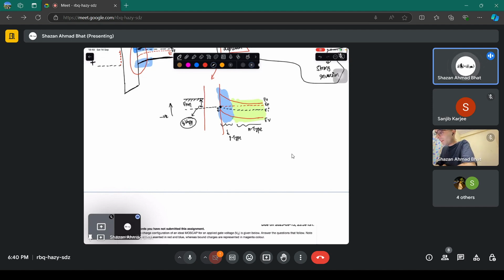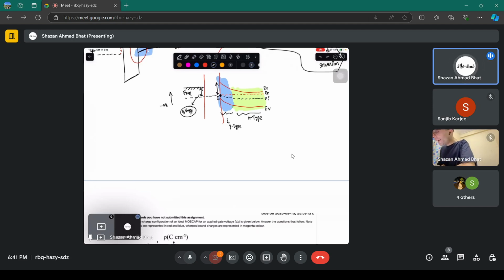Okay, if you see this particular difference and if you see this difference, this one is lower. Okay, this particular difference is lower than this particular difference. So that's why the Fermi level is closer to the valence band, and you get depleted charges here, which are the positive ions.